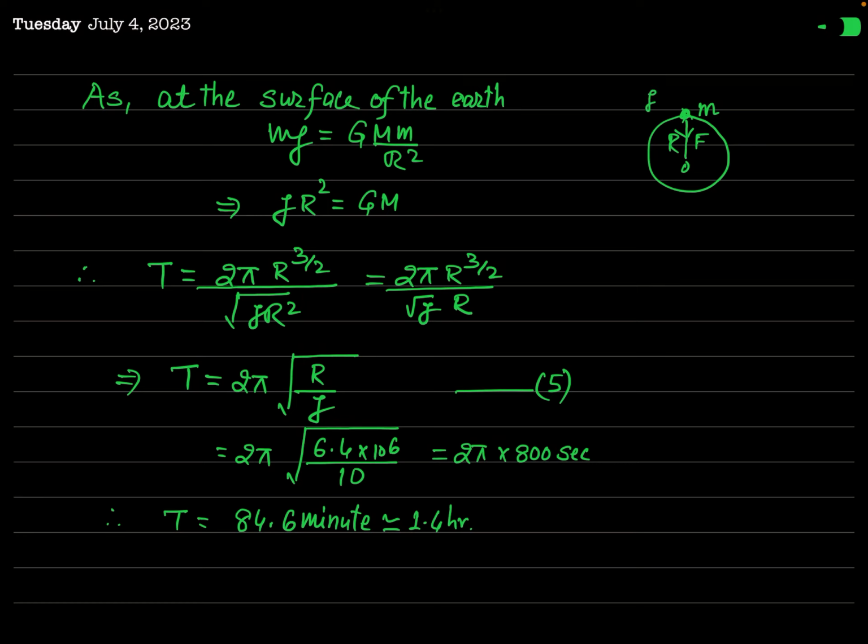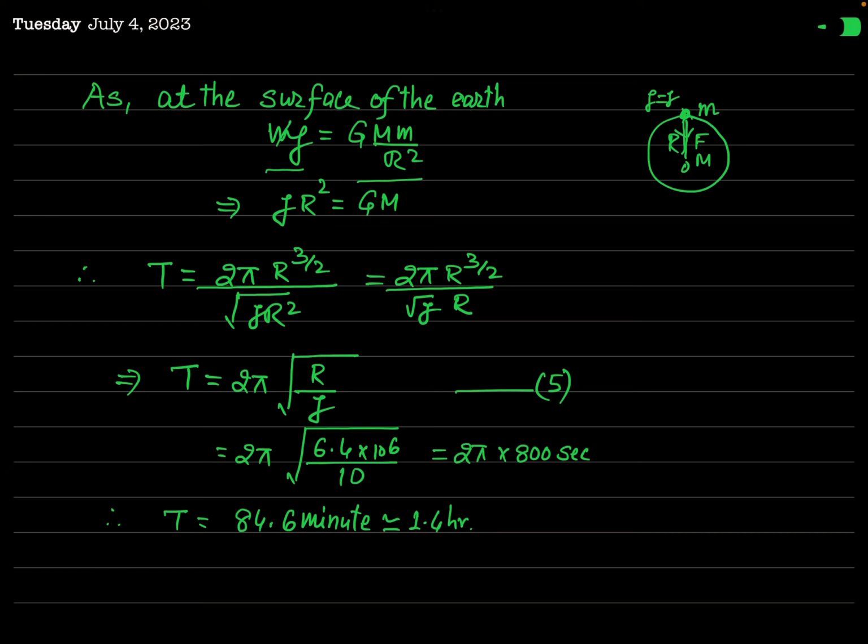So if acceleration due to gravity at the surface of the earth is small g, then weight will be m into g, mass times acceleration due to gravity. Here g is the acceleration due to gravity on the surface of the earth. That is equal to the force of gravity. This is just the definition of weight. So mg will be simply equal to GMm by r square. Here the separation between this small m and the capital M is capital R.